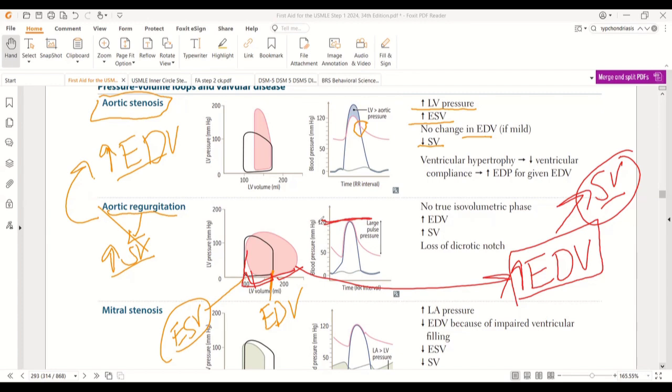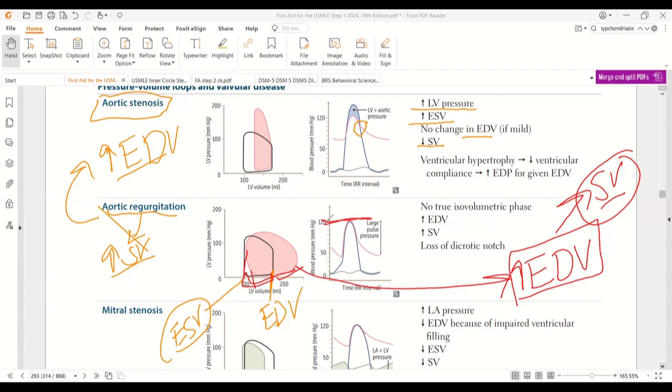Okay. And to make the concept easier, we know there's a problem with the aortic valve. So say if the left ventricle pumps 50 ml, we can expect 50 ml to return, backflowing to the left ventricle again.